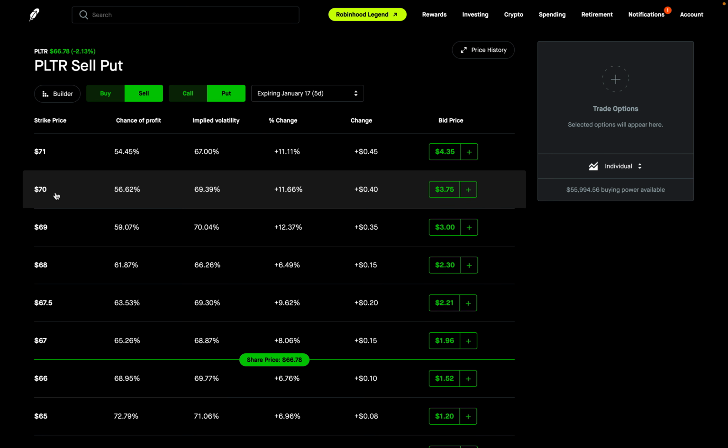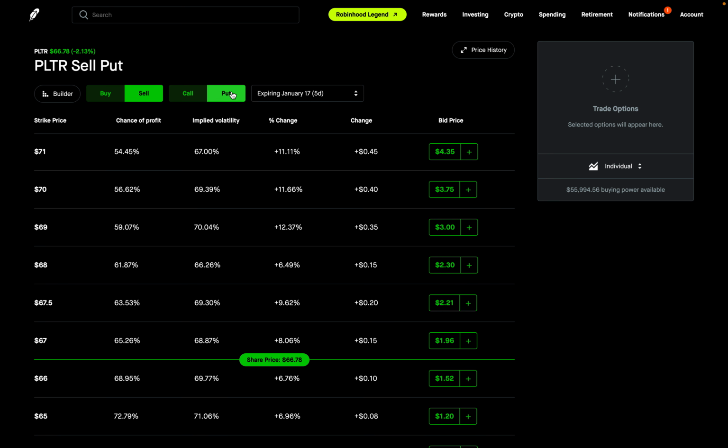So the second scenario we can consider is closing out our position and cutting our losses if we are in a loss. And so when you're selling cash secured puts, to do that, we need to buy to close our position because we sold to open a cash secured put. So we would buy to close our put.